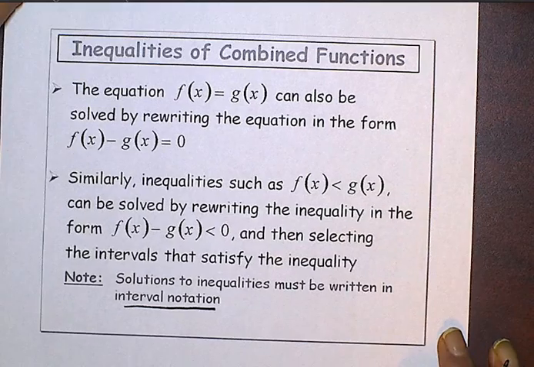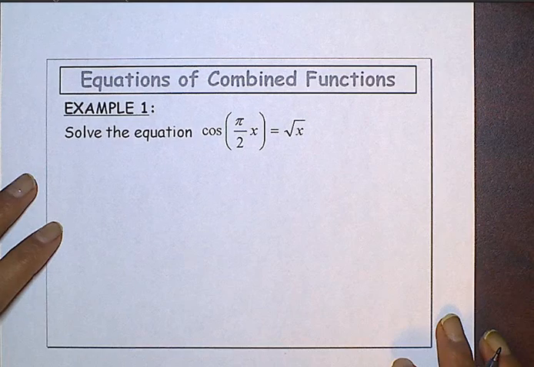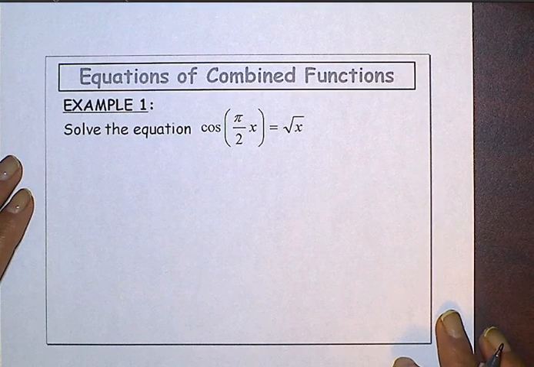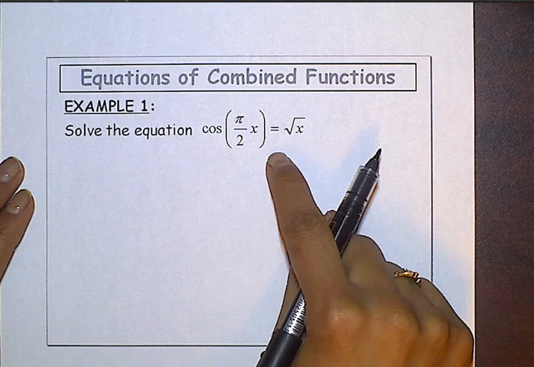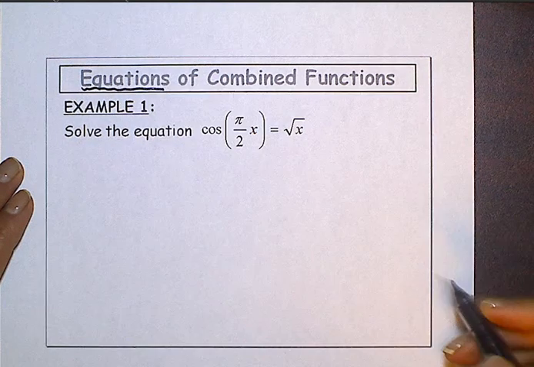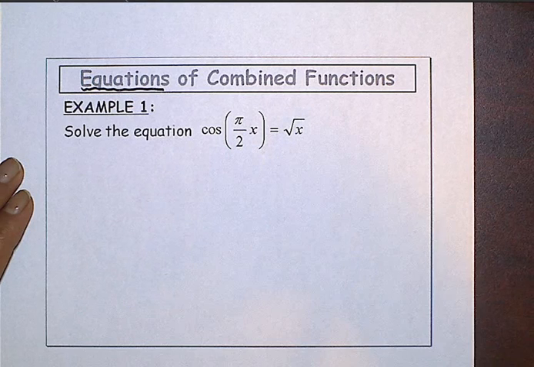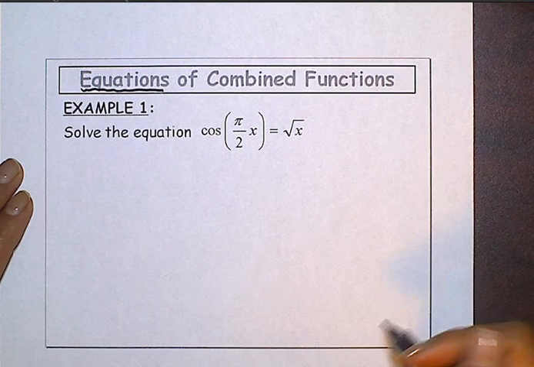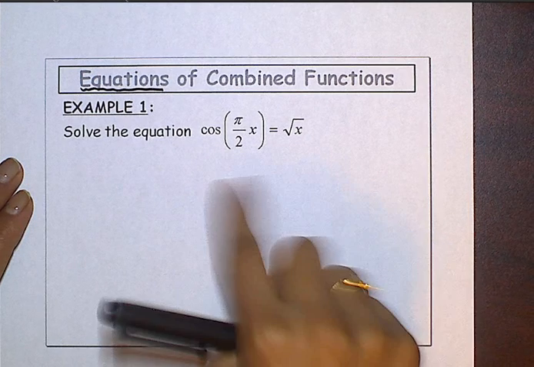The first example that we're going to be doing is to solve the equation cos of pi over 2x equal to square root of x. Notice here this is not an inequality. This is an equation of combined functions. So we're trying to figure out where the two are equal to each other, the point of intersection in this case. Solving this algebraically is not feasible because I have two different families of functions.